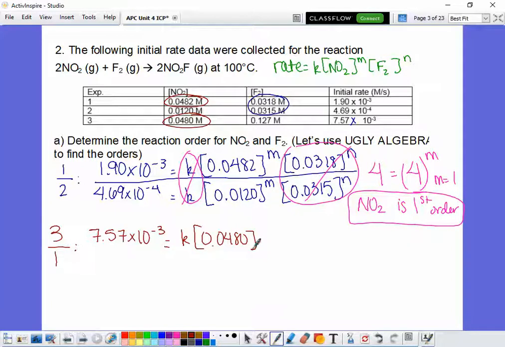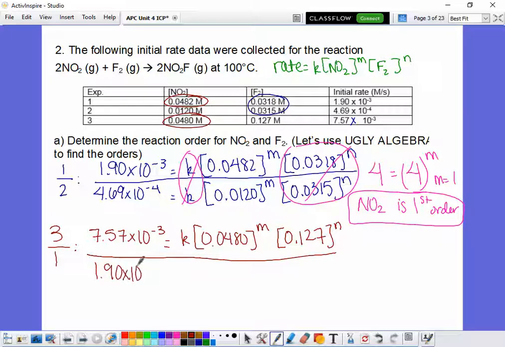Now, I know that this is first order, so I could write a 1 here, or I could put an m again because I know it's going to cancel out, or at least it should because that's the goal. Times the concentration of F2, which is 0.127 to some power n, all over the rate for reaction 1 times some constant K times the concentration of NO2 in experiment 1, times the concentration of F2 in experiment 1.